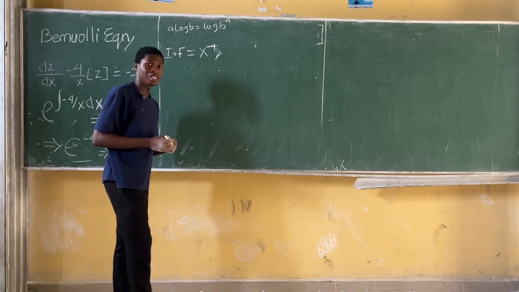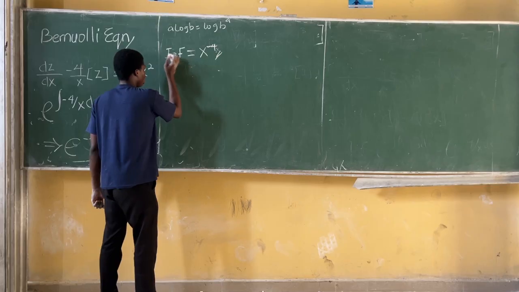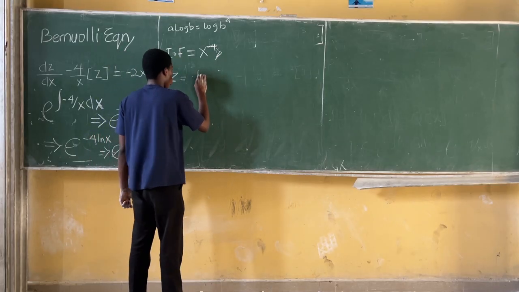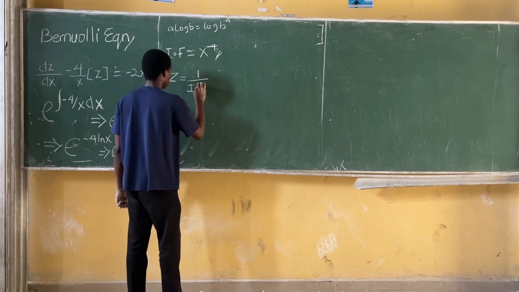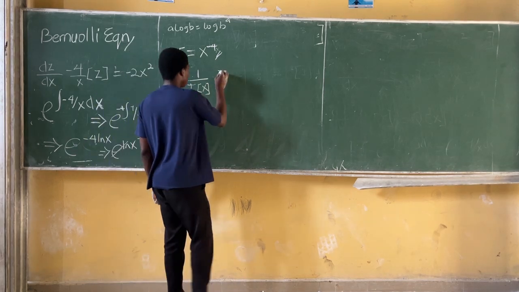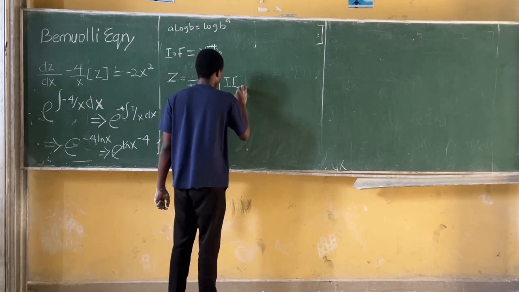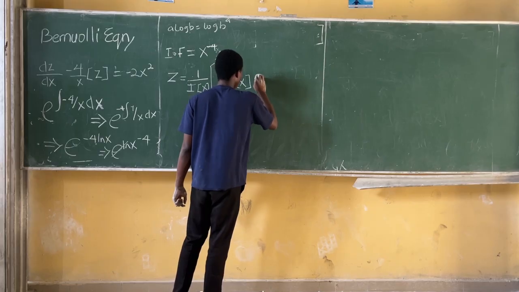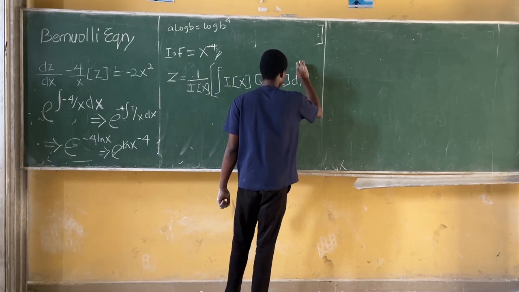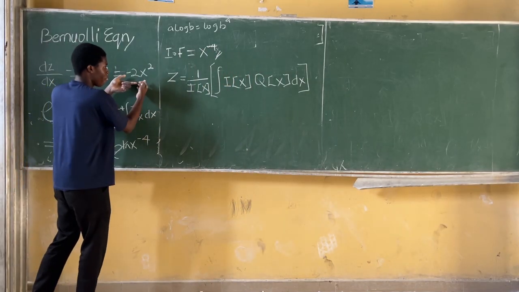Now, I'll be introducing the integrating factor shortcut method, whereby, okay, we are finding z, so it's going to be z is equal to 1 over the integrating factor, or I of x, anyone you choose to call it, they are both the same thing, times the integral of I of x times q of x dx. q of x is simply the value on the right hand side.